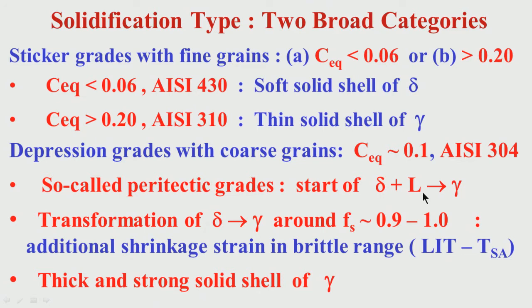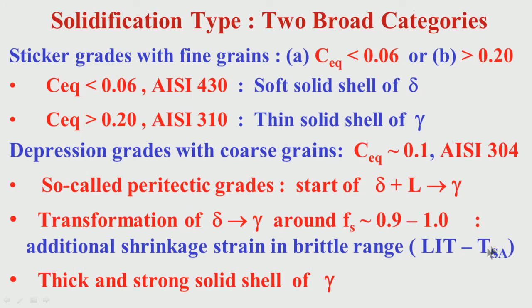So, where the transformation from delta to gamma takes place in the critical brittle temperature zone corresponding to the solid fraction of 0.9 to 1, and in the temperature range between liquid impenetrable temperature, LIT, and the final solidification temperature, actual solidification temperature.